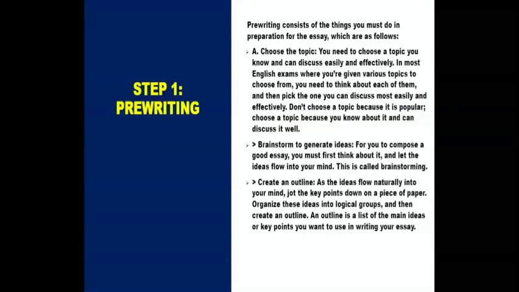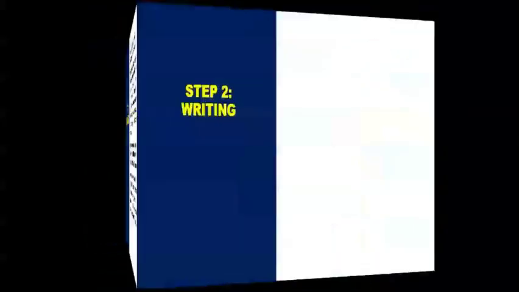As the ideas flow naturally into your mind, you need to jot the key points down on a piece of paper. Organize these ideas into logical groups and then create an outline. What exactly is an outline, you may ask? An outline is a list of the main ideas or key points you want to use in writing your essay.